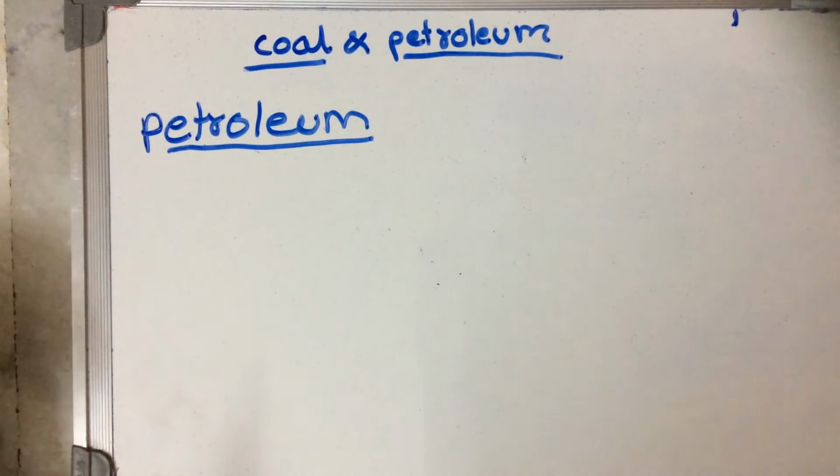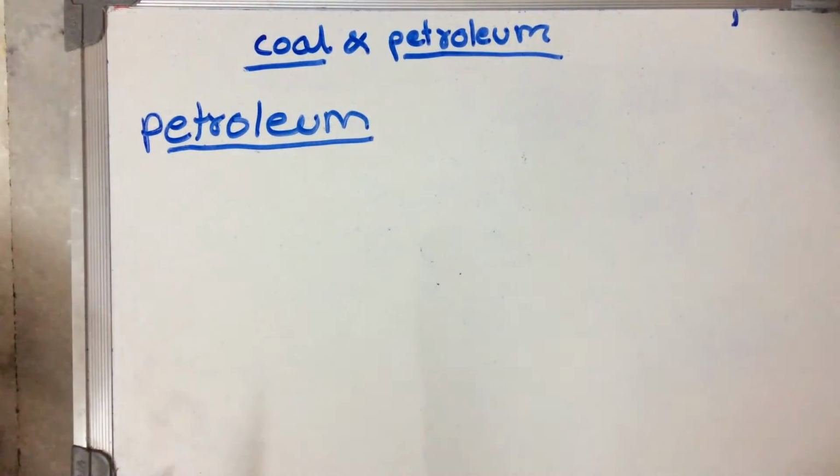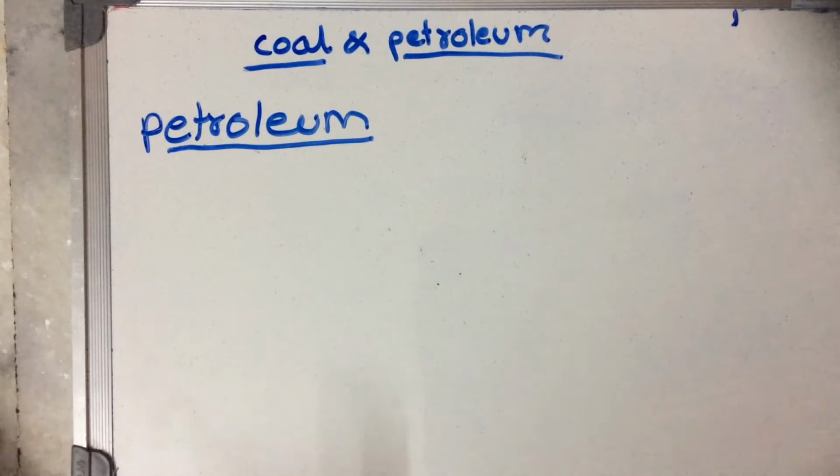Let's discuss the formation of petroleum. Millions of years ago, a very large number of microscopic plants and animals lived in the sea. They died because of some calamity and their bodies sank to the bottom of the sea.